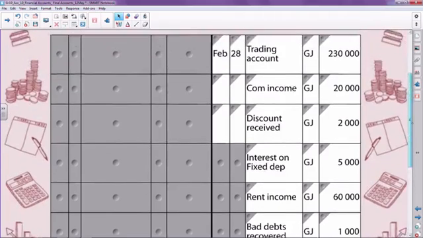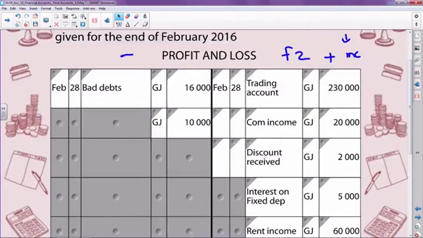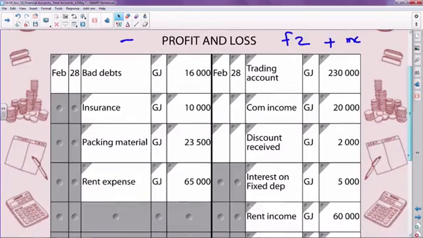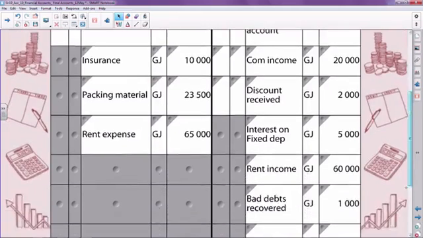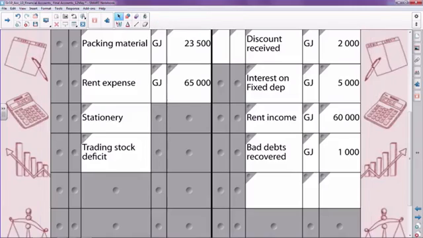But now, all your expenses will be listed on February 28th, and you'll list all of them here on the debit side. Your bad debts, your insurance, the totals will all be just transferred here. Your rent expense. Let's quickly finish up. Your other expenses, you just quickly check here. Your stationery, your trading stock deficit, your wages, all of them will be shown on the debit side.